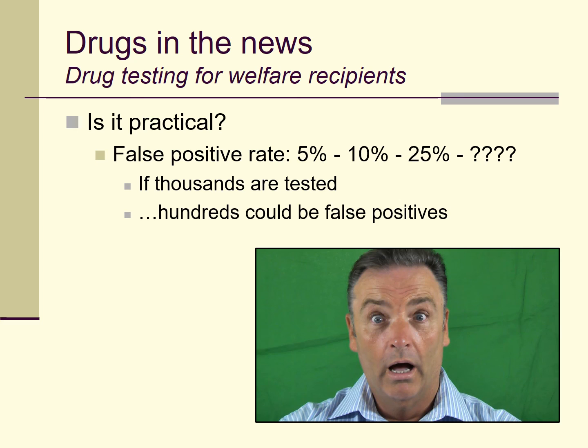And if you're testing thousands of people who are receiving government benefits, you can expect that literally hundreds of the positive results you get will be false positives. And it may be difficult to know who is who, and you may be potentially telling hundreds of people that they are positive for using drugs, when in fact many of them, in fact most of them, probably won't be, which creates, I think, a huge practical problem associated with these types of programs.